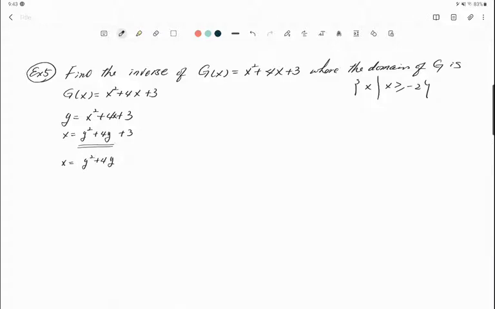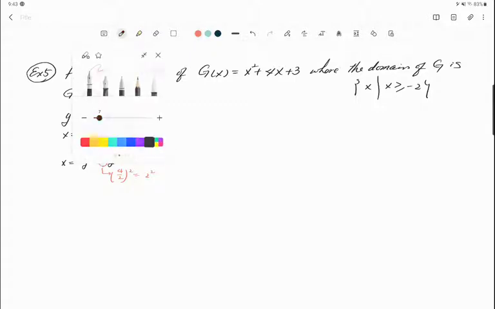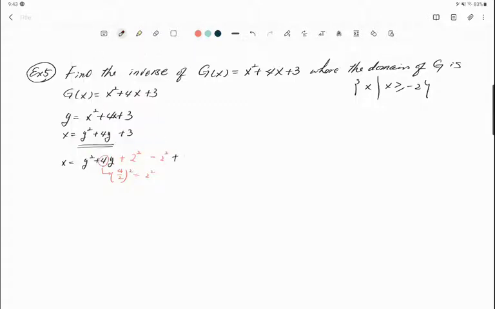So we need half of this, 4 over 2 squared, which is 2 squared, right? So we added 2 squared, and then we have to subtract 2 squared, right? Plus 3.